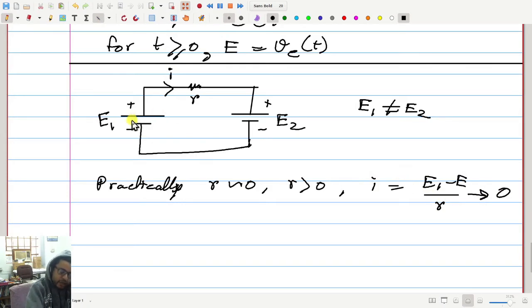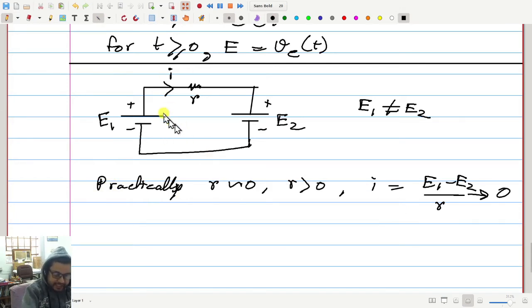So practically never make a circuit like this. That will be very dangerous. Never ever do this, because the current will be very large. A very large amount of heat can generate, and it may cause burning of the circuit. So never ever try this circuit in the laboratory or anywhere.